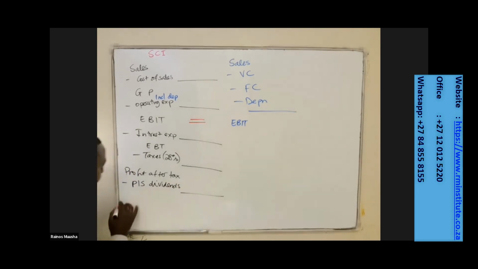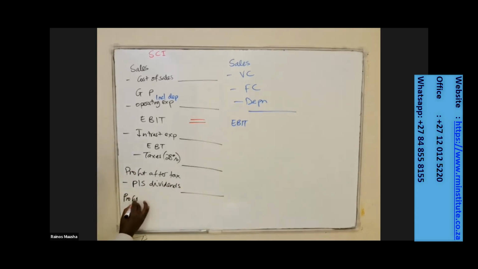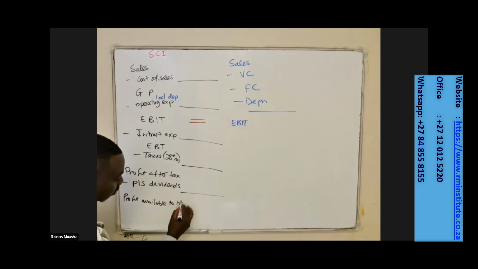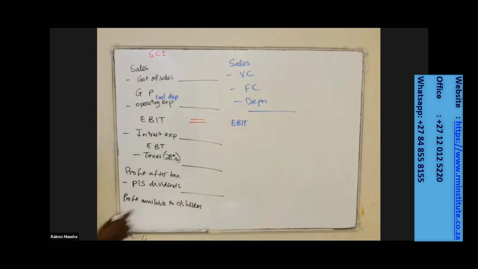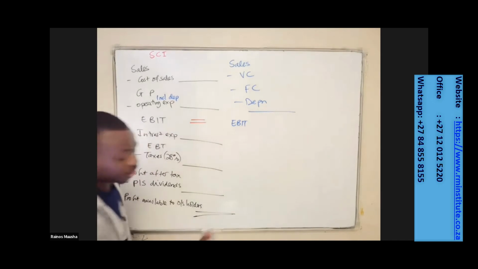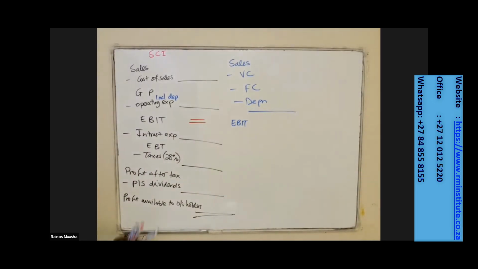so this will give you the profit or earnings available to ordinary shareholders. So this will give you the profit available to ordinary shareholders as well. And remember, this profit available to ordinary shareholders is the one that you're now going to be transferring to get your retained earnings in the balance sheet as well.